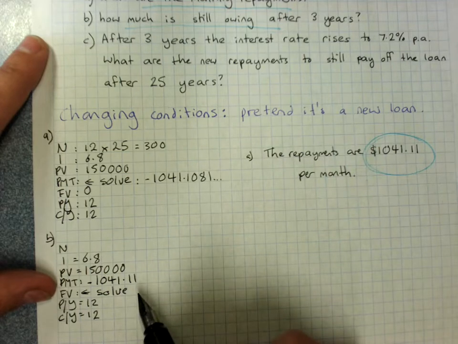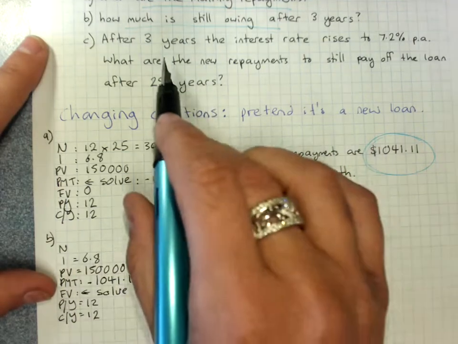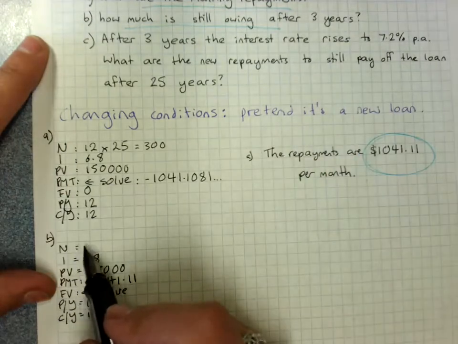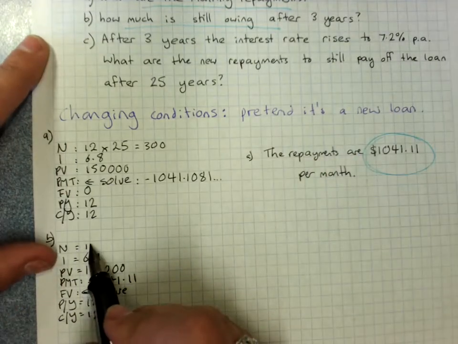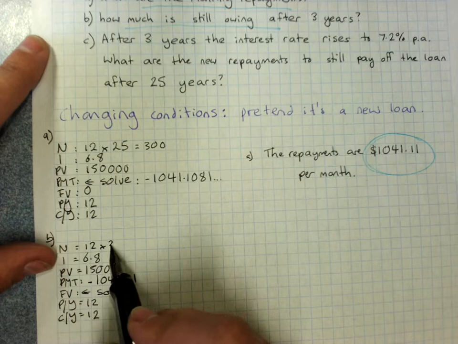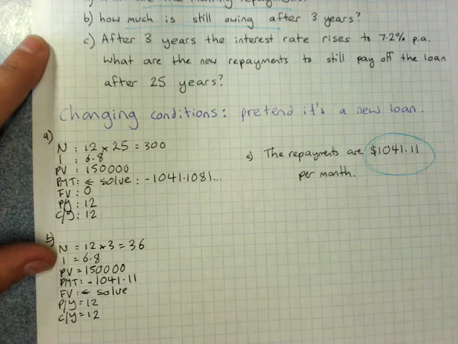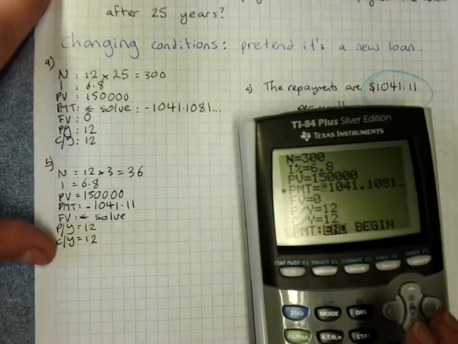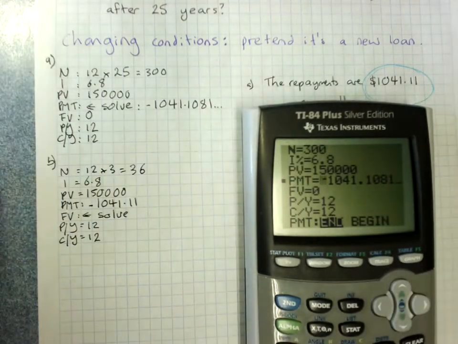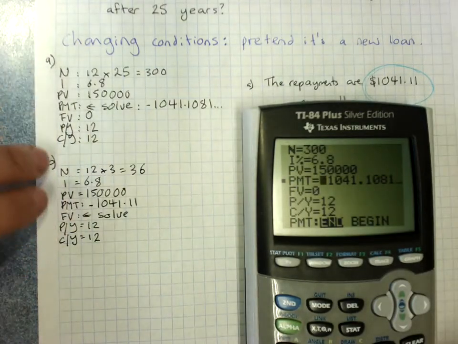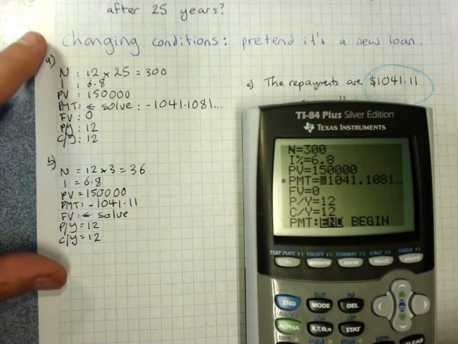We pay in 2 decimal places. And after 3 years means that now n will be 12 times 3, 36. So you have to be aware of what things need to change when you change what it is that you're finding under the same scenario.